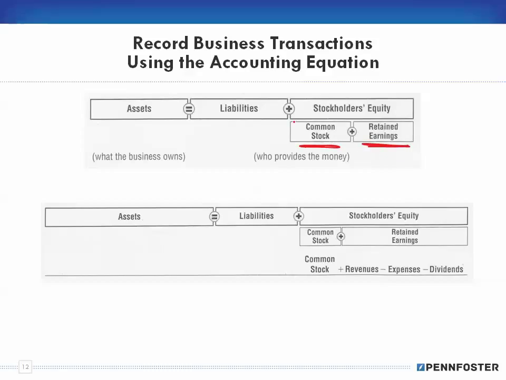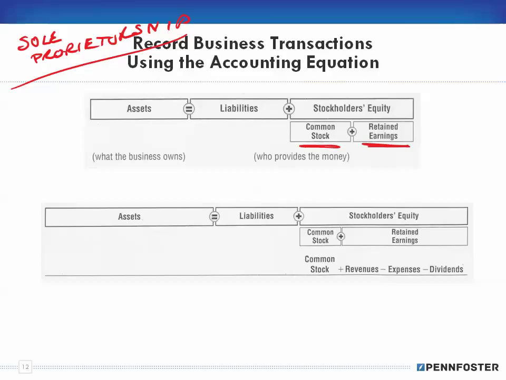In the previous video, I alluded to the fact that it all depends upon the kind of entity the business is. If it's a sole proprietorship, the owner controls the business and there is no stock involved.